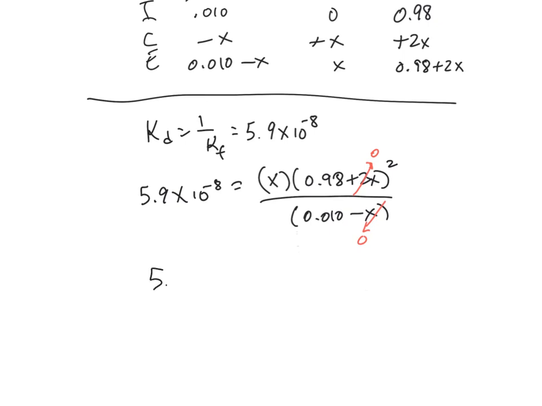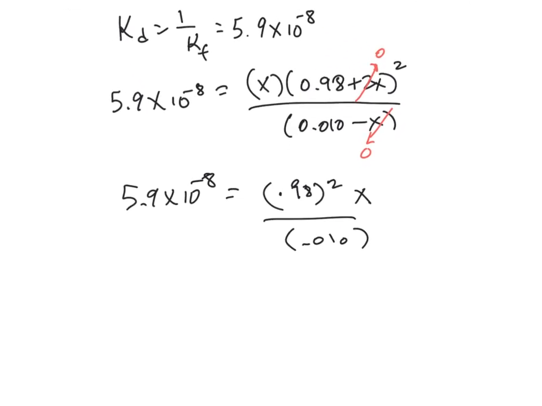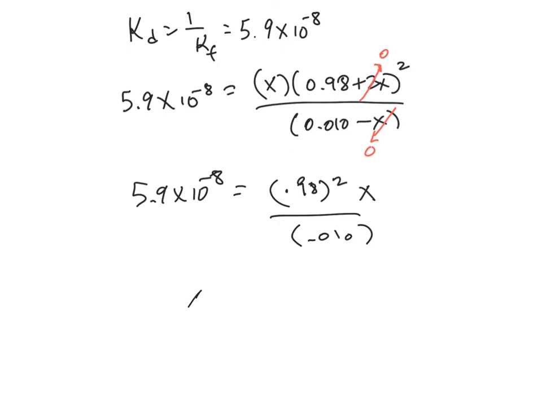we rewrite it and say 5.9 × 10^-8 equals 0.98 squared times x divided by 0.01. Solve for x, and x is equal to 6.1 × 10^-10.